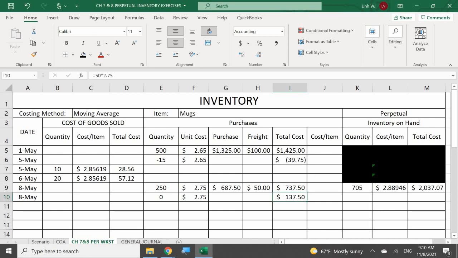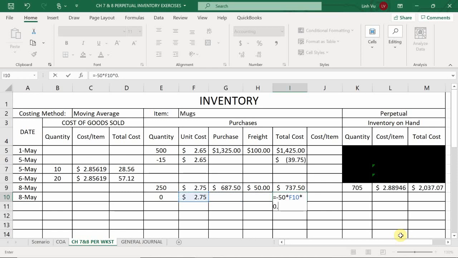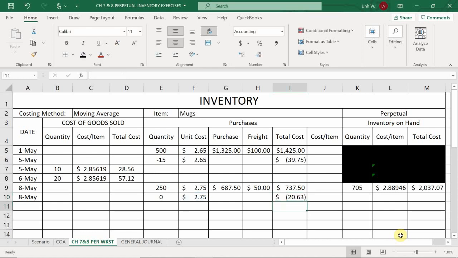So I can only discount the amount that I have a discrepancy with, the one that they sold the wrong inventory to me for. So in this case, that would be returning the entire product and getting a full refund. Am I getting a full refund? No, I'm getting only a 15% discount. Okay, so negative 50 times 2.75 times 0.15, I get $20.63.